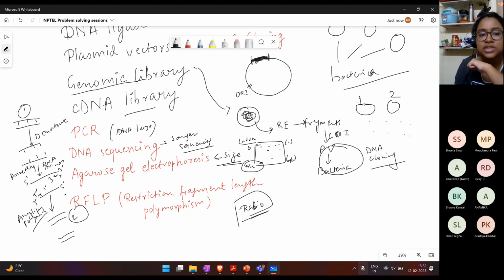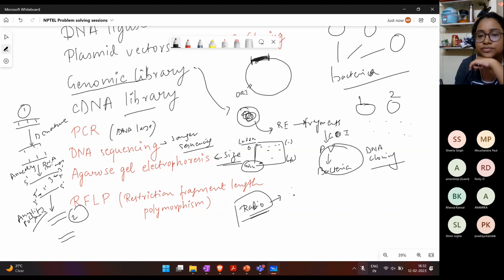So when the PCR is happening and you're getting the amplification, these radio labeled DNA fragments are such that they don't allow further addition of nucleotides.